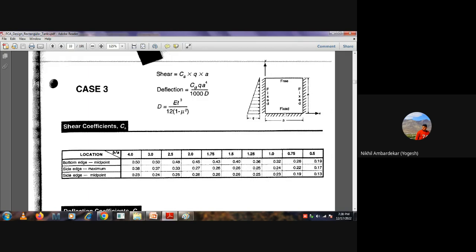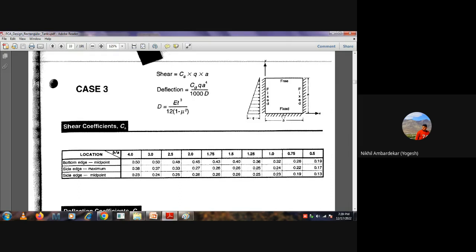But again, I'm more interested in finding the worst case. So irrespective of location, technically you should know where you are getting the maximum shear force. If someone asks you where you will get the maximum shear force in a wall panel, based on this coefficient, you can say the maximum shear force will always be at the bottom, somewhere around the midpoint.